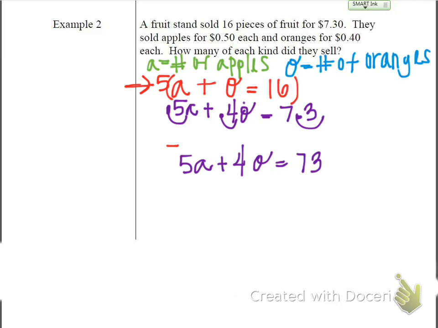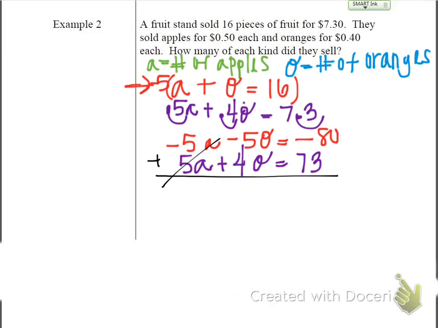So that's going to be -5a minus 5o equals -80. Now let's add both equations straight down. A's cancel. I am left with -o equals -7.